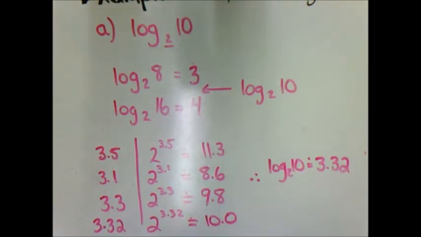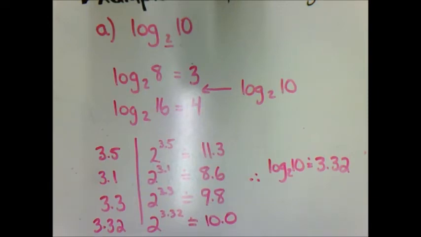Another way, of course, to do this would be to graph. You could graph y equals 2 to the power of x, and you could trace the graph on GSP in order to find the value of x that produces y equals 10. Another way to do this would be on your graphing calculator to find the intersection of two functions.